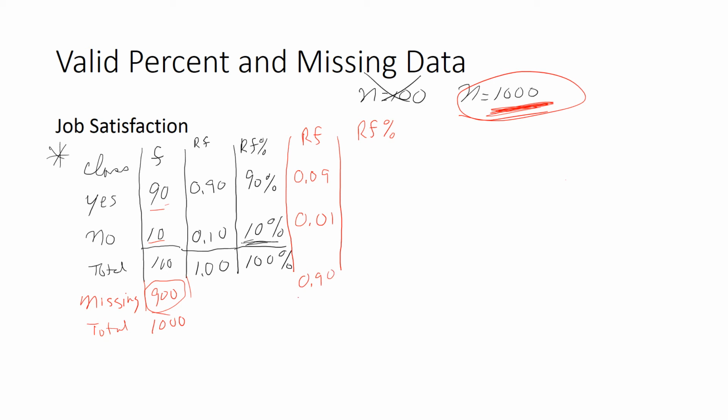And when we total this out, that's going to give us our 1. And we go to the percentages. Well, now we're talking 9% say they're satisfied, 1% say they're not satisfied, and 90%, for whatever reason, did not respond, which gives us our 100%. This is a very different story now.